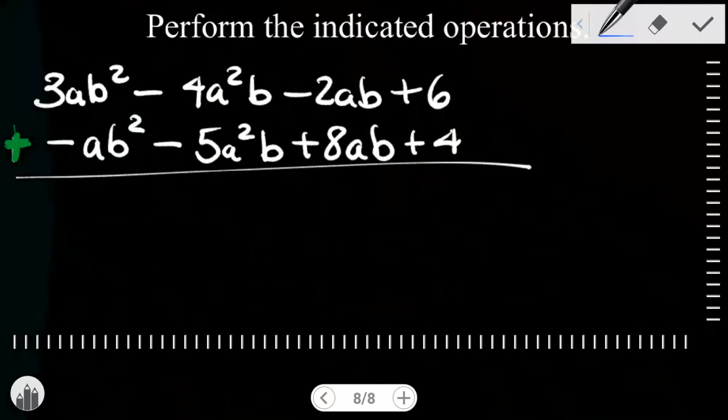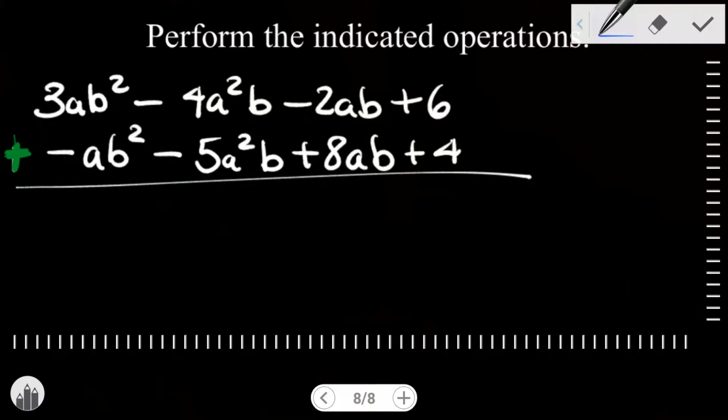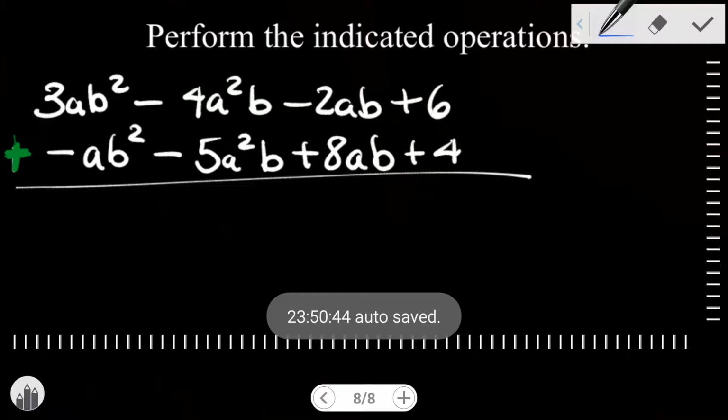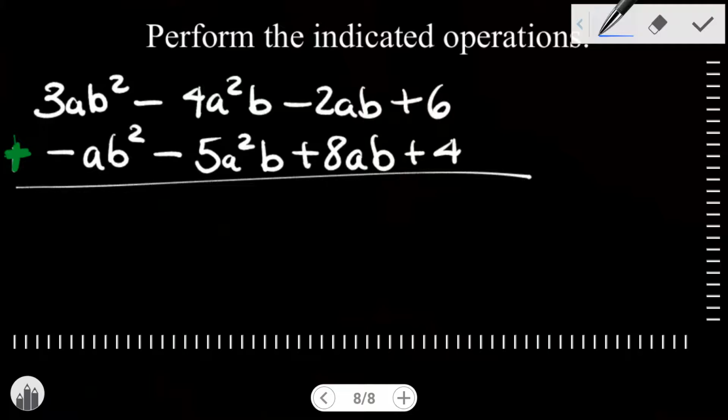I'll do the work in blue. All right, so when you're doing this, you want to make sure that your terms, your similar or like terms, are matched up. That way you don't do any kind of illegal moves whenever you're doing these adding and subtracting polynomials. All right, so I'm going to start here on the left. So we have a 3 plus a negative ab squared.